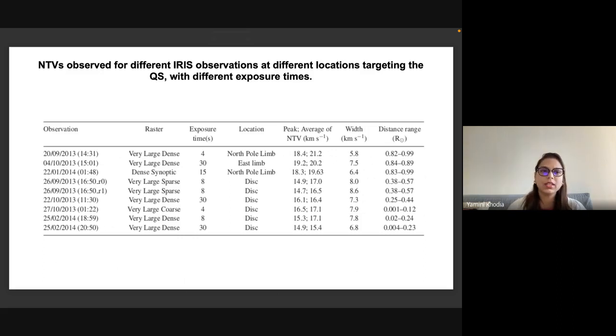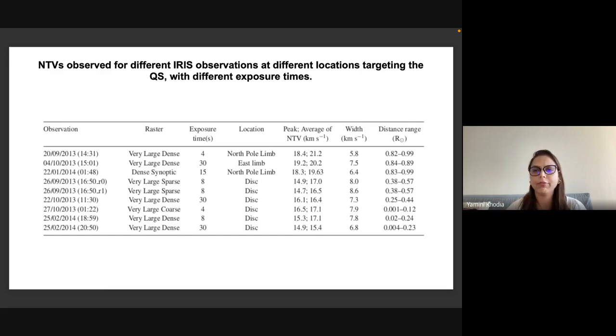So we tried to study these non-thermal velocity distributions for different observations, where we took 3 observations near the limb region, and then 5 other observations from the disk.